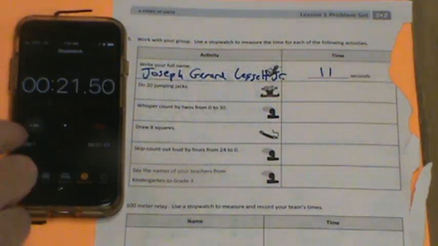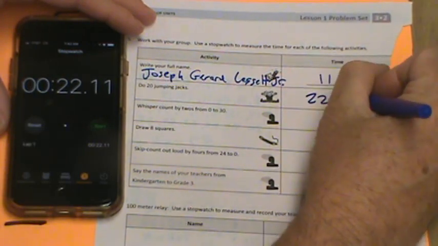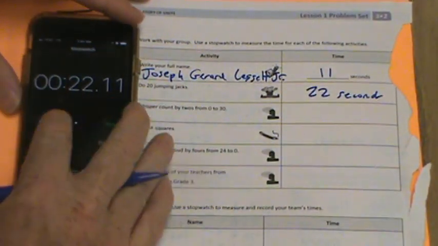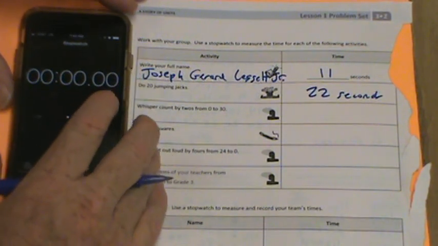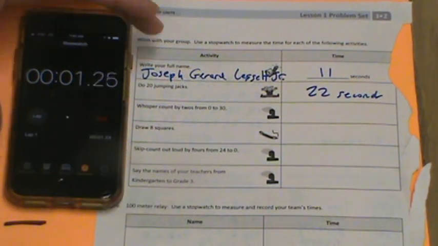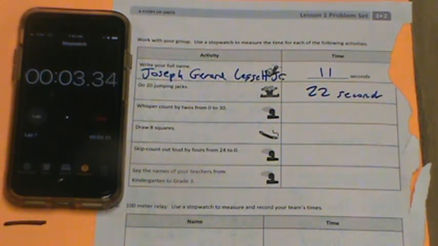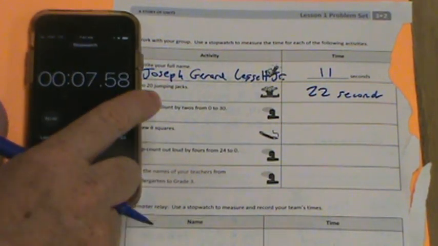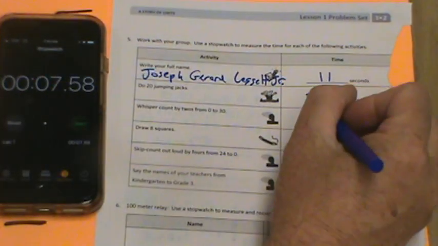All right, it took me about 22 seconds. Whisper count by 2 from 0 to 30. And go. 2, 4, 6, 8, 12, 14, 16, 18, 20, 22, 24, 26, 28, 30. It took me about 7 seconds.